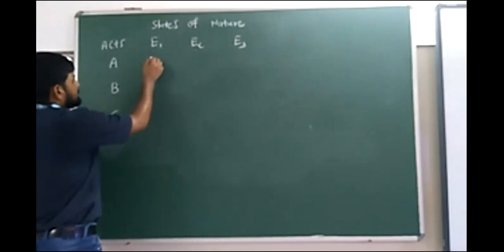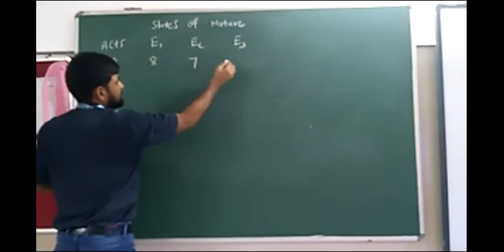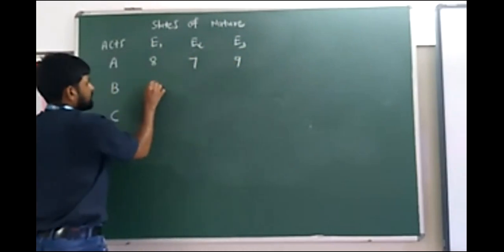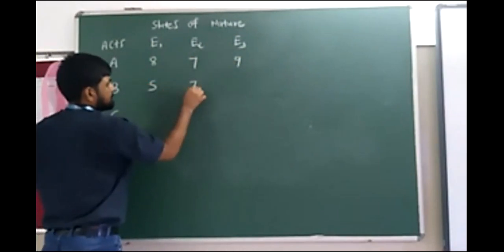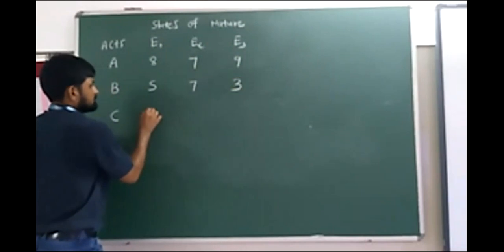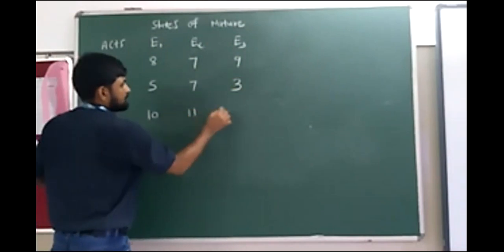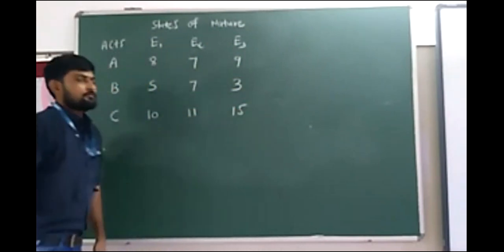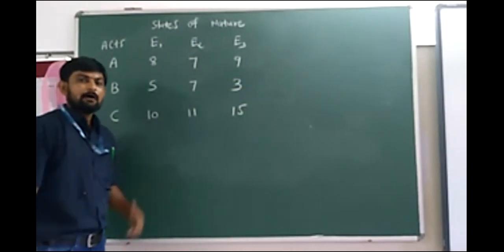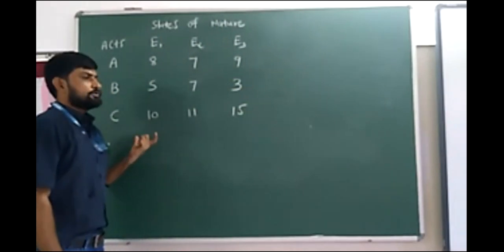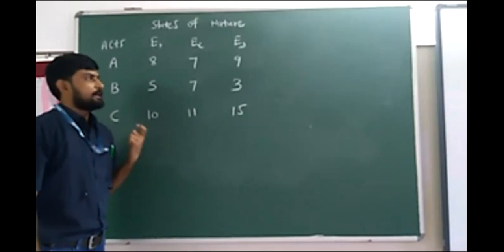For example, they are 8, 7, 9, 5, 7, 3, 10, 11, 15. Now we'll discuss how to solve this problem using Maximax criteria.